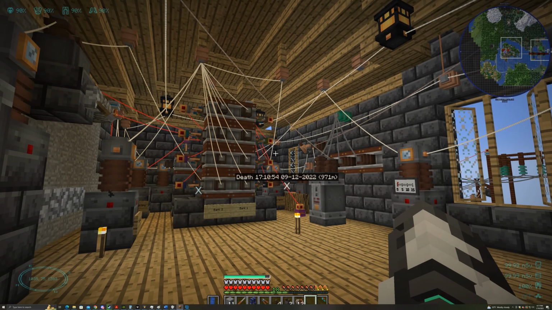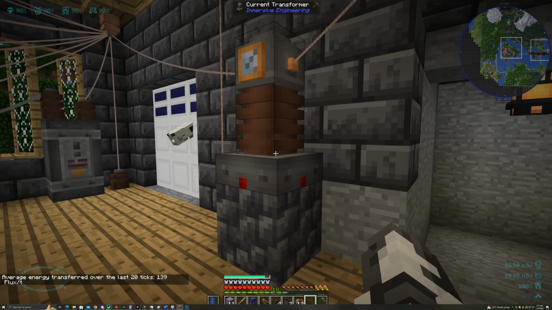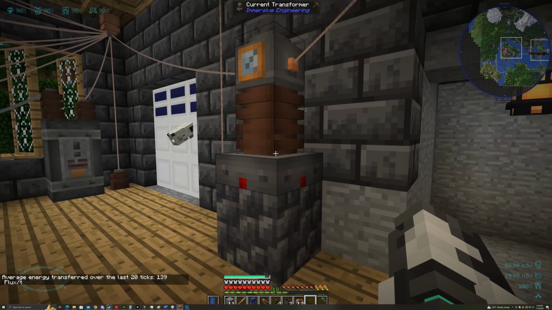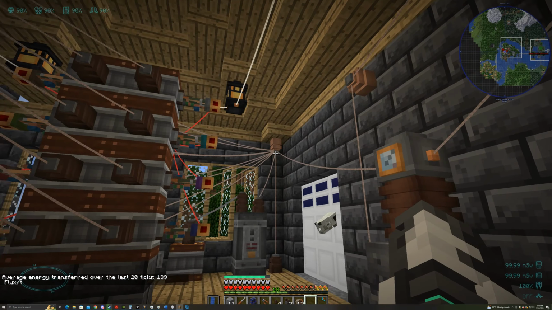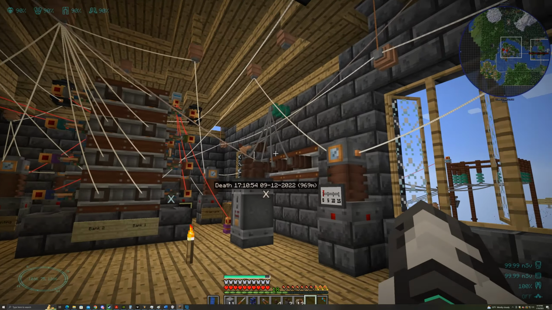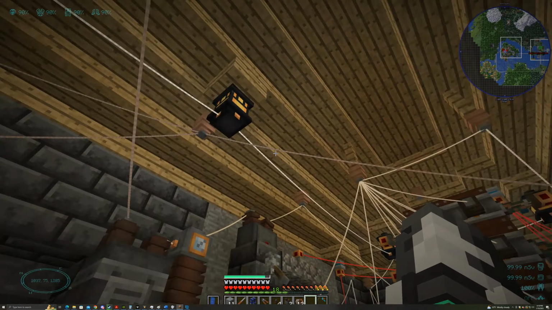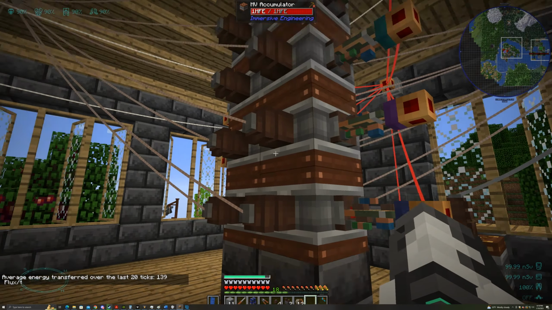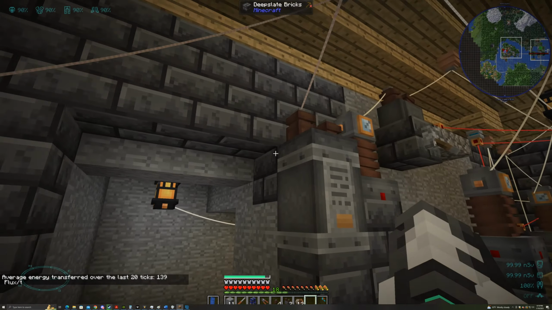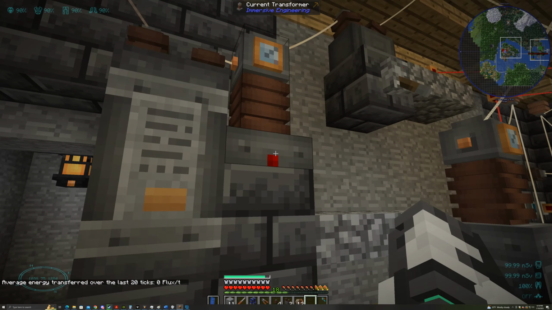The thing is, these didn't have a huge power draw. So if we go over here and we click on this, we can see how much power is actually being drawn from these batteries to various different parts. So that's over here going to there, which is going over to there. This is charging these. Then these connect over to there, go to this transformer, which is going there, and apparently not actually doing anything.